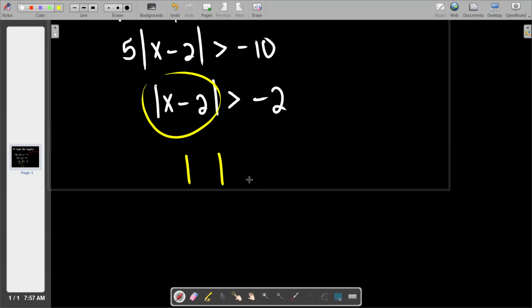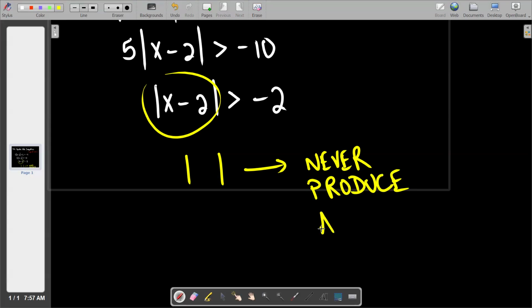Like Kaysen said, it will never produce a negative. Do we agree? And I mean never. Absolute value does not ever produce negative outcomes.